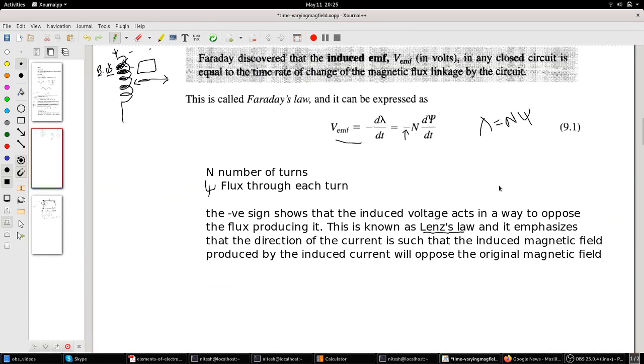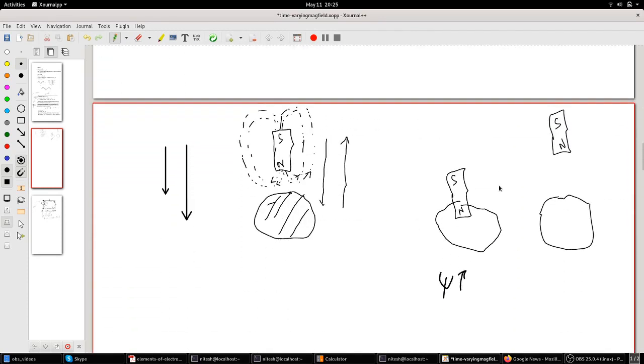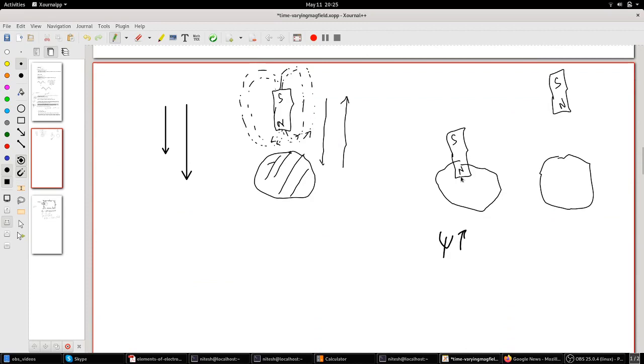In this case the psi is increasing, so I know that B is going to be in this direction. So whatever B I have to generate here is going to oppose this. So B has to be in this direction.